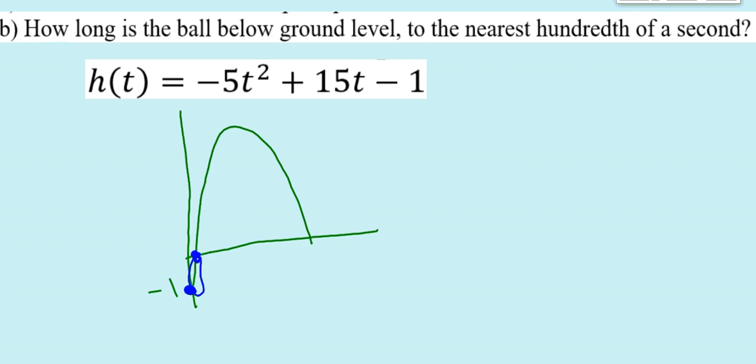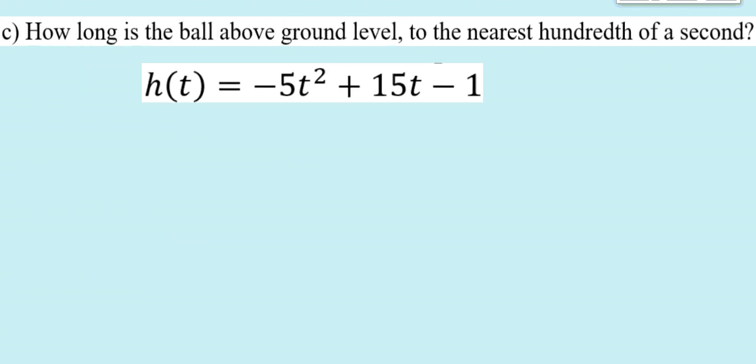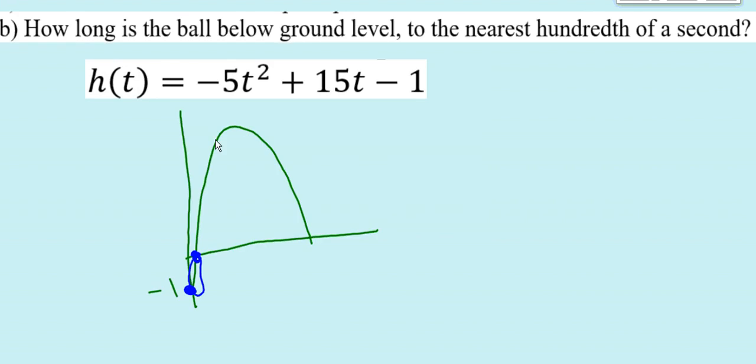That's related to part C, which is how long the ball is above the ground. I'm going to go back since that picture is here already. This is the part where it's above the ground. So to answer how long it is below ground, what I've got in blue, and how long it is above ground, what's in red, if I can find the T intercepts, I'll know how long it's below and how long it's above.